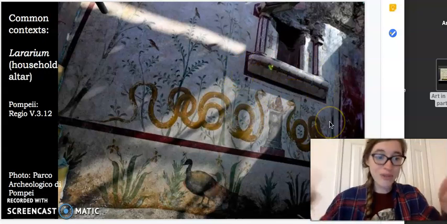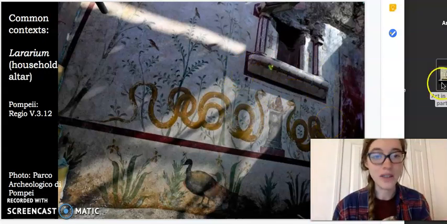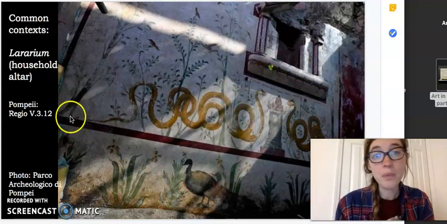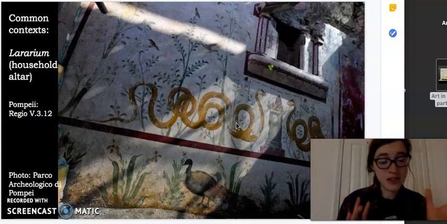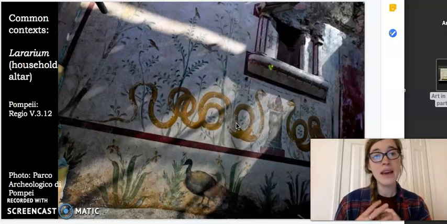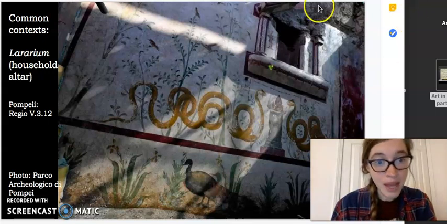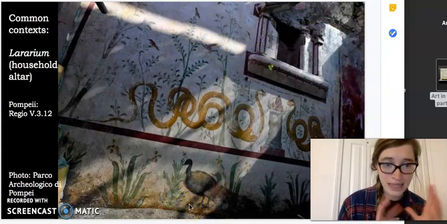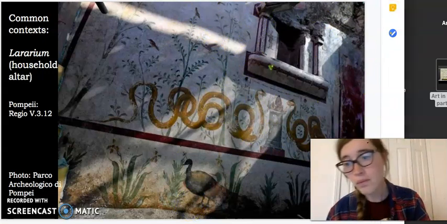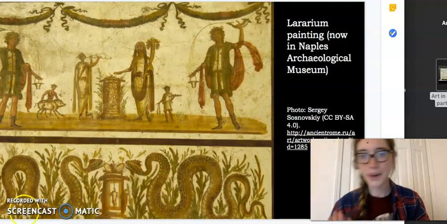So here we have two flanking snakes curling in towards the altar at the center. Plants and decoration showing plants and gardens is also extremely common in these areas, as are images of the household gods themselves, and you'll see those better in the next example that I show you, which is here.